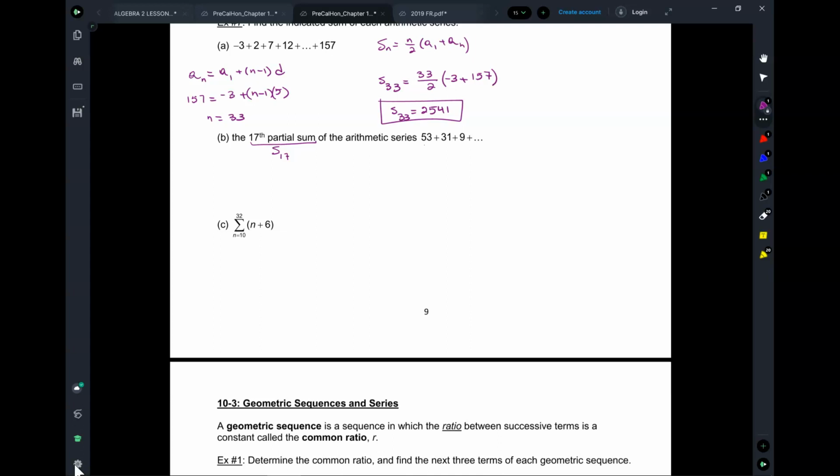So which formula am I going to use, 1 or 2? 2. So S sub 17 is equal to 17 over 2, times 2 times a1, 53, plus n minus 1, 17 minus 1, times d. How much is the d here? d is -22, yeah.